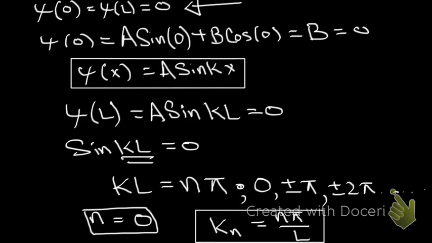This condition is also known as the quantization condition. In this expression, n is the quantum number that is used to label the quantum states and energies. Okay, let's go to the next slide.